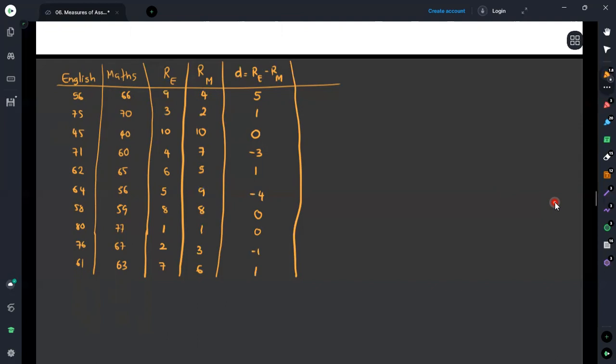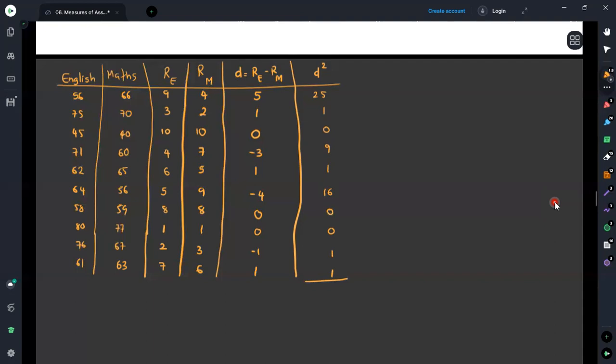As the next thing, we need to obtain the value for d squared, because d squared is used for the calculation. Then we'll get d squared: 5 squared, 25, 1 squared, 1, then 0, thereafter 9, 1, 16, 0, 0, 1 and 1.